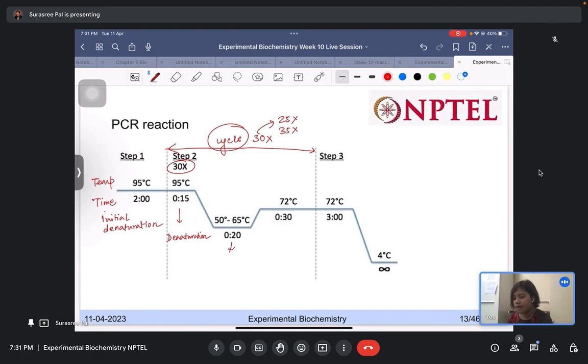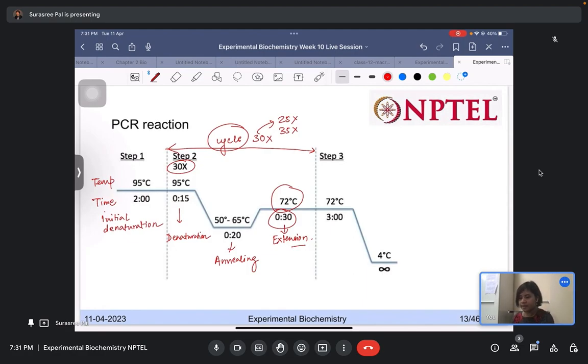Then this one is the annealing step, where the primers will anneal to the DNA template. And the third one is the extension or elongation step. This extension temperature is based on the optimum temperature for the polymerase. And this extension time is also based on the rate of polymerization of the polymerase.